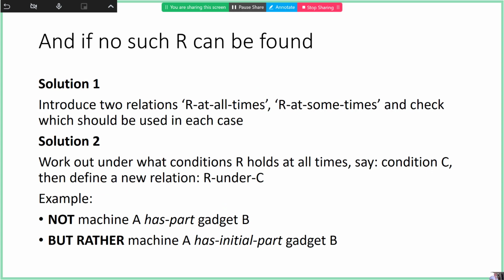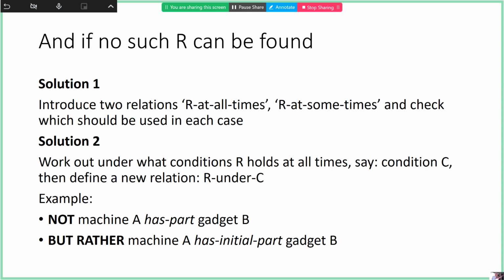And then a third possibility is that you introduce both relations, but you choose which one you should use from case to case. So rather than always using R at all times, you check for any given time whether R is true and use R at all times when it is true, and otherwise use R at some times. And then the final solution is to work out when R holds at all times.